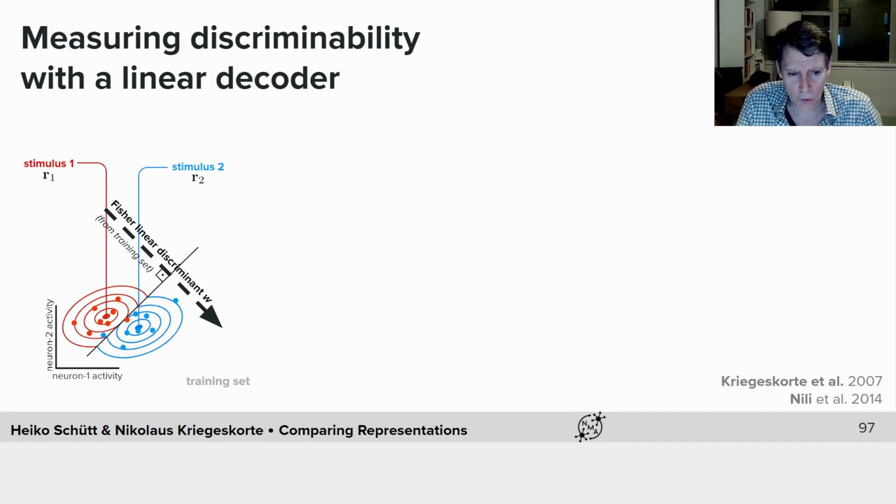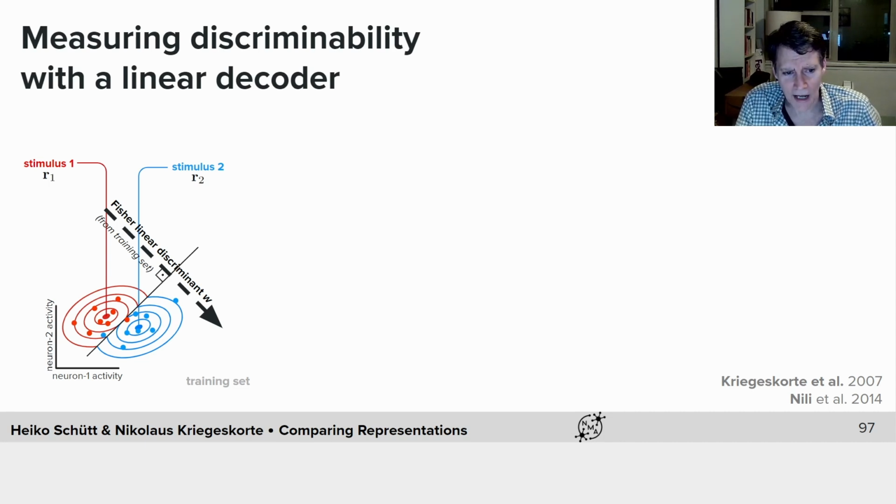However, the decoder, of course, is overfitted to this training set, so this would likely lead us to overestimate how well we can decode. So this could be an extreme outcome where we might be able to perfectly decode all of the points from the training set, despite the fact that actually there's no difference between the two distributions.